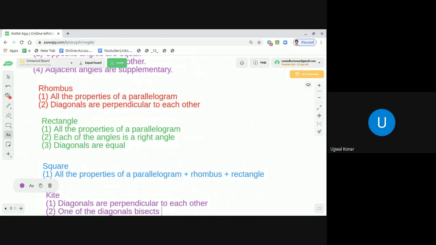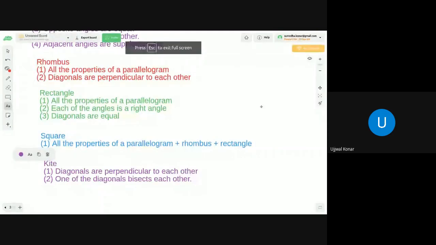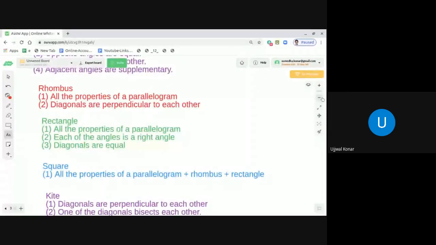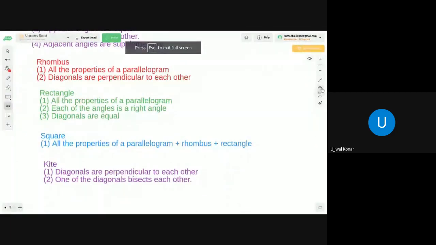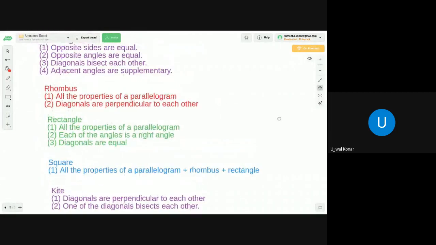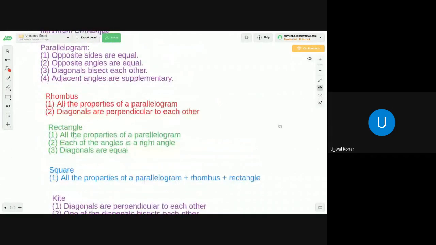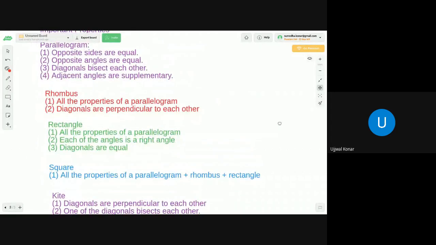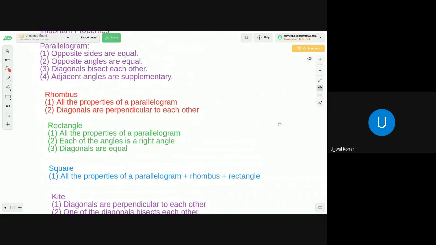I will suggest that you also take a note of it and have a very clear understanding about all these different types of parallelogram. I hope you are able to view all these points. Correct, dear students?